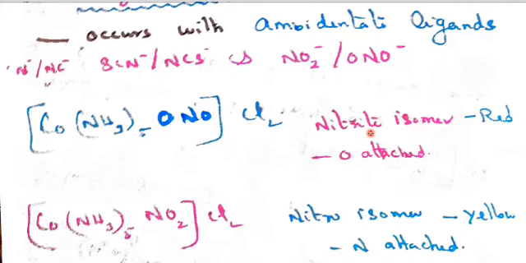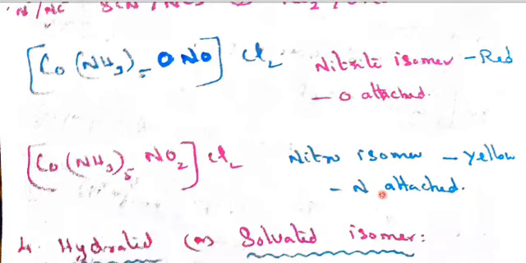Here I have mentioned only how the ambidentate ligand is exchanged. ONO is red in color. So the nitrito isomer, with O attached, is red in color. In the nitro isomer, nitrogen is attached, and it gives yellow color.